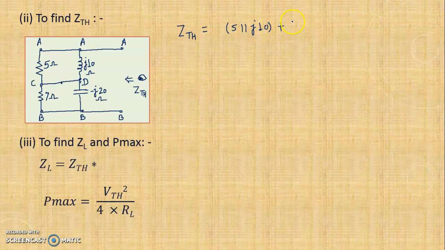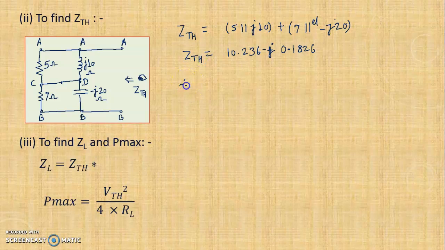So 5 parallel J10 plus 7 parallel minus J20. So the value of ZTH, which you have to write in only one form, that is rectangular form, is 2.36 minus J0.1826. So this is the value of ZTH.